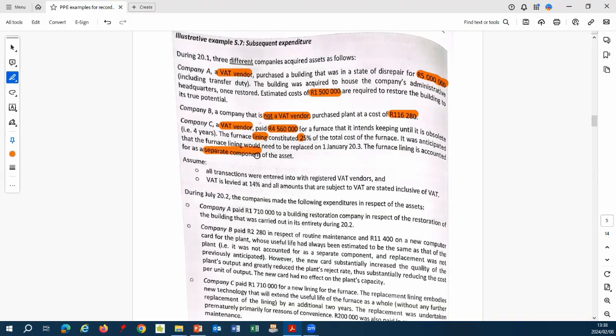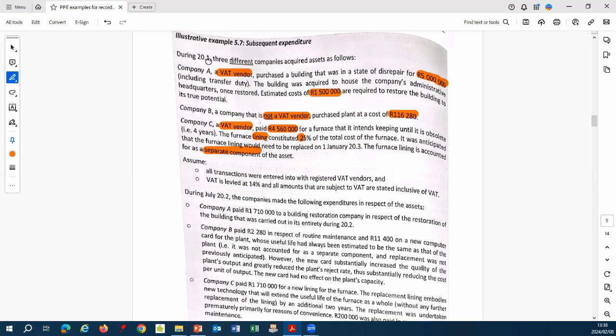Okay, we can see that the entire furnace has got a 4-year useful life. When we look at the date at which this furnace lining needs to be replaced, it says the 1st of January 20.3, and we are in 20.1.